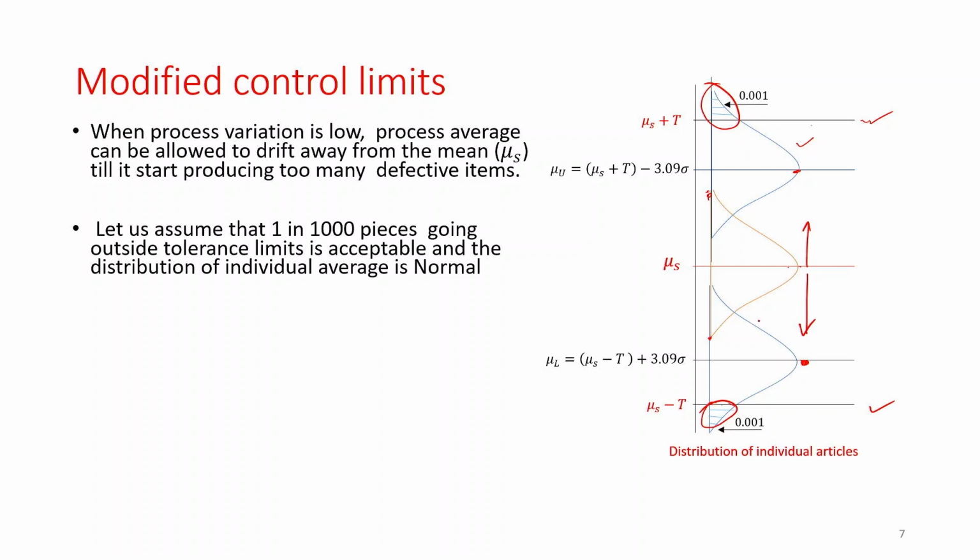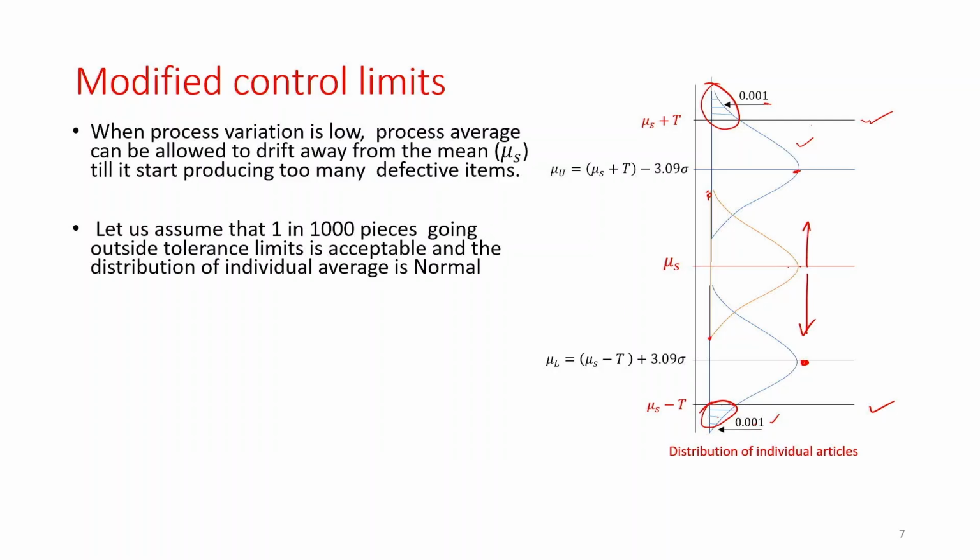So as long as the curve keeps shifting, let us allow it to cross the lower tolerance limit, and even if it crosses to some extent so that we produce at the most 0.001 proportion defectives, it is acceptable to us. That means this area is 1 upon 1000. In every 1000 articles, 1 article may be defective, and that is acceptable. So you can say this area in this case is 0.001. On the other side, this area also is 0.001.